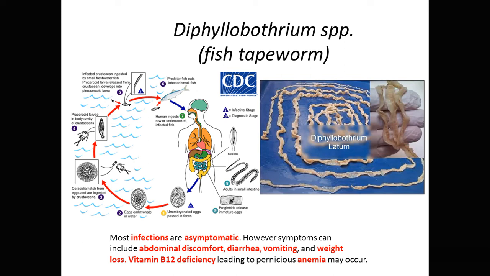We have many asymptomatic infections, but there can also be GI tract symptoms and also anemia.